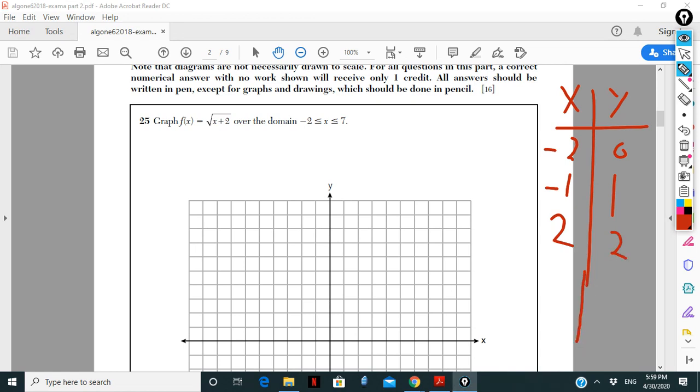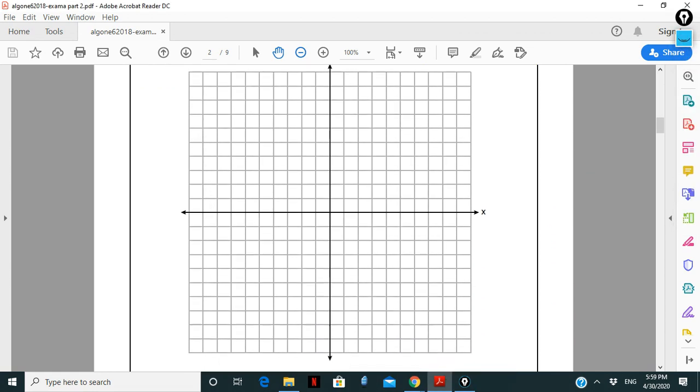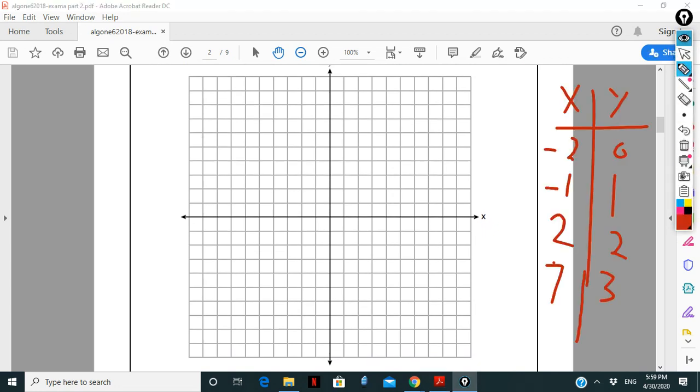After that, 7 is going to be 9, square root of 9 is 3. So I took the rational numbers. Now I'm going to the x and y axis. So when x was -2, y was 0.